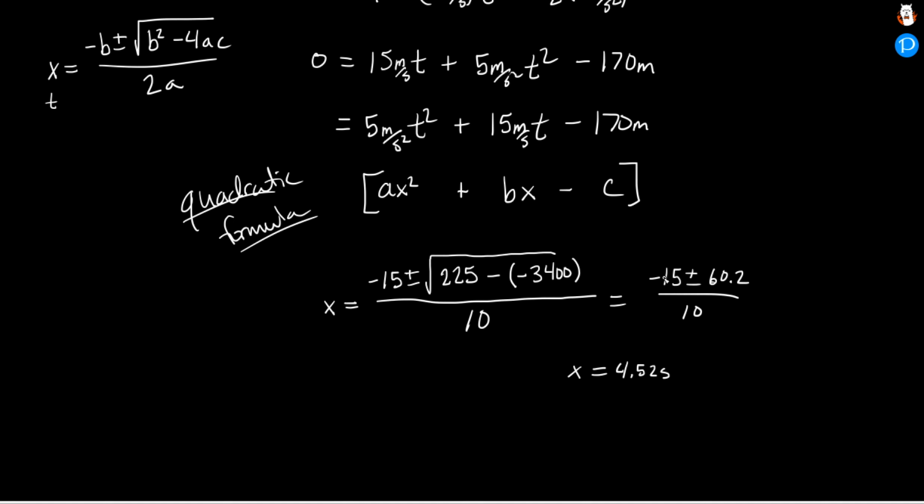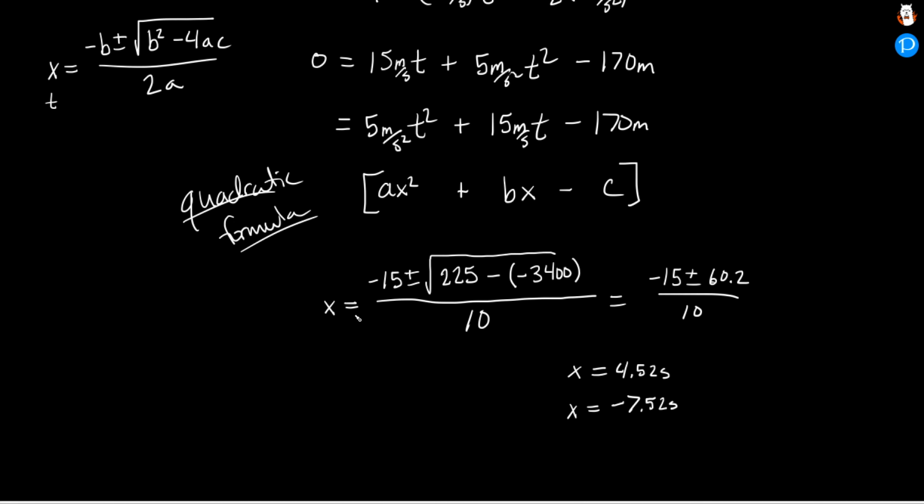And then if we do the other one, negative 15 minus 60.2 divided by 10, we're going to end up with negative 7.52 seconds. Remember seconds because that's what we're solving for here is t, the time.